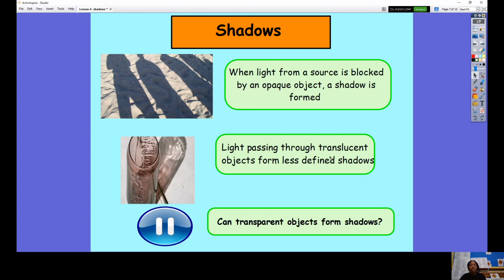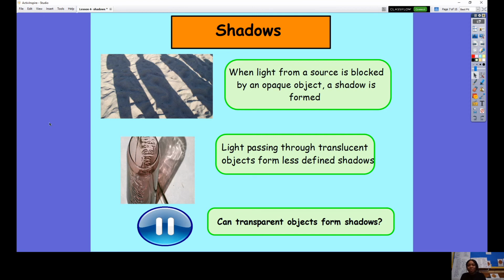When light passes through a translucent object, it also forms a shadow, but the shadow is simply less defined. It's not as clear and it's not as solid as the shadows formed by opaque objects. My next question for you at home is, can transparent objects form shadows? Pause the video so that you can answer that question.